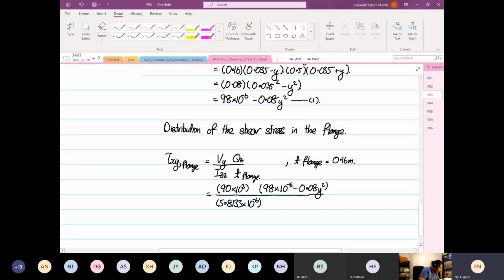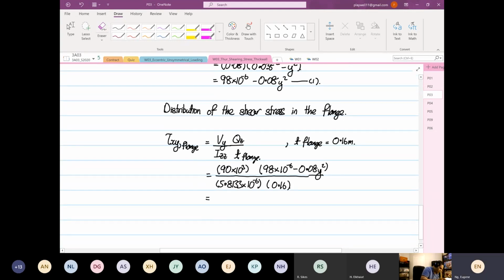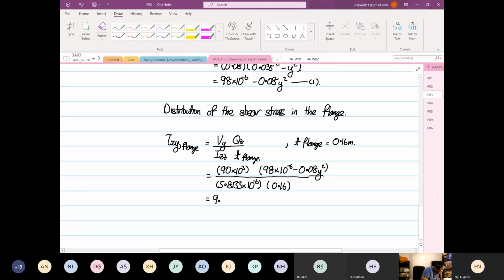And then you divide by 0.16. So the outcome is equal to 9.4826 times 10 to the power minus 6 minus 7.7409 times 10 to the power 9 y squared.